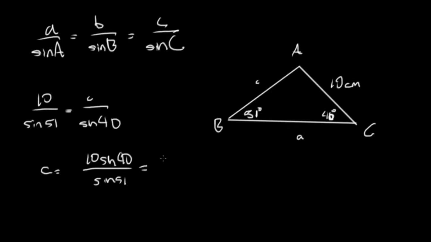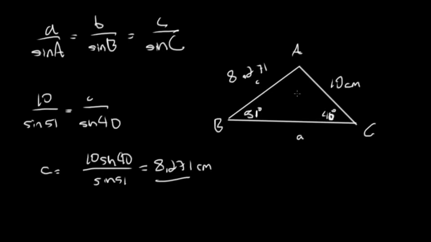And that is equal to, make sure you are in the right mode, we are working with degrees right now, 8.271 centimeters. I highly encourage you to leave this number in your calculator as you proceed, so that you can have the most accurate possible answer at the end.